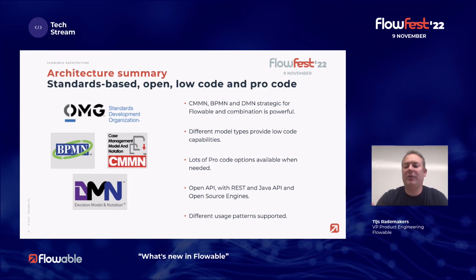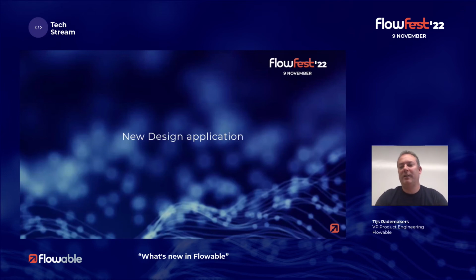So there is a clean REST API, there is a Java API, and we have our open source engines. So that's really the kind of foundation of Flowable that we use in every new feature that we are building. It needs to always be based on this layer, so to say.